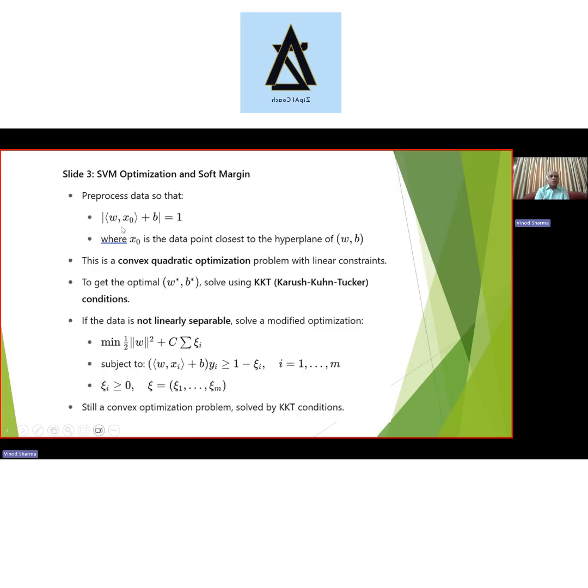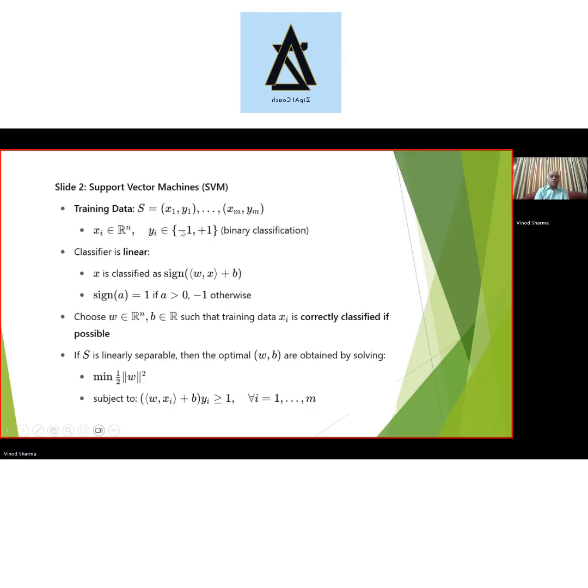The hyperplane is obtained by W x naught plus B. So you calculate this for all xi, find the x which is closest, which has the smallest value. And then you normalize WB such that this quantity is equal to 1. If you do this pre-processing, then it becomes this requirement in the constraints for correct classification.